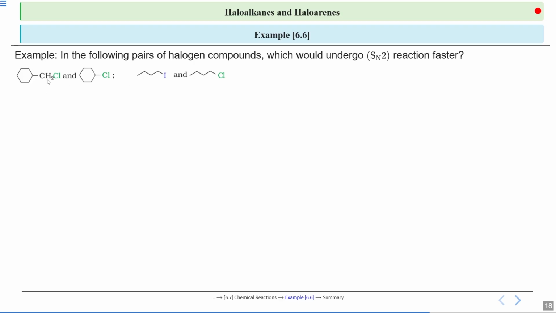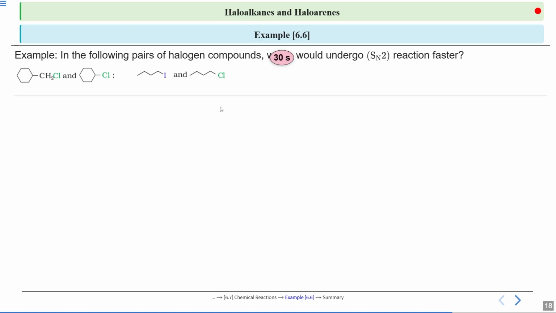The first pair is this cyclohexane, where at one carbon we have CH2Cl, and the other is this cyclohexane, where at the first carbon we have only Cl, that means chlorocyclohexane. The other pair is iodobutane, and second is chlorobutane. You have to select the halogen compound from these pairs which will undergo the SN2 reaction faster compared to the other compound.